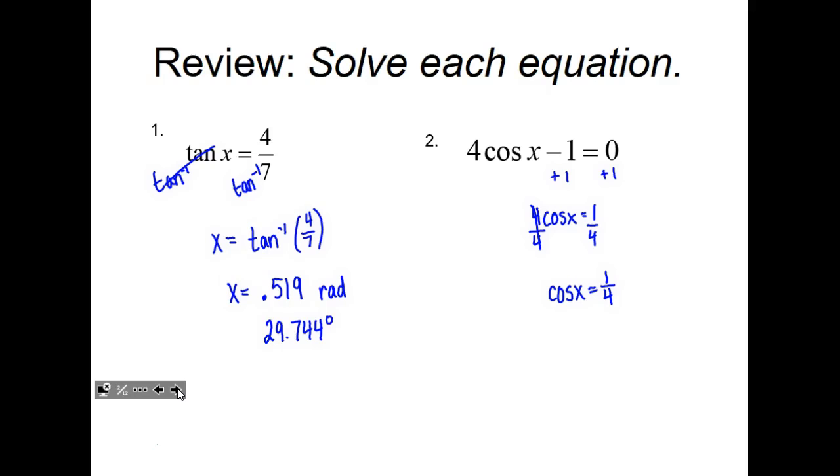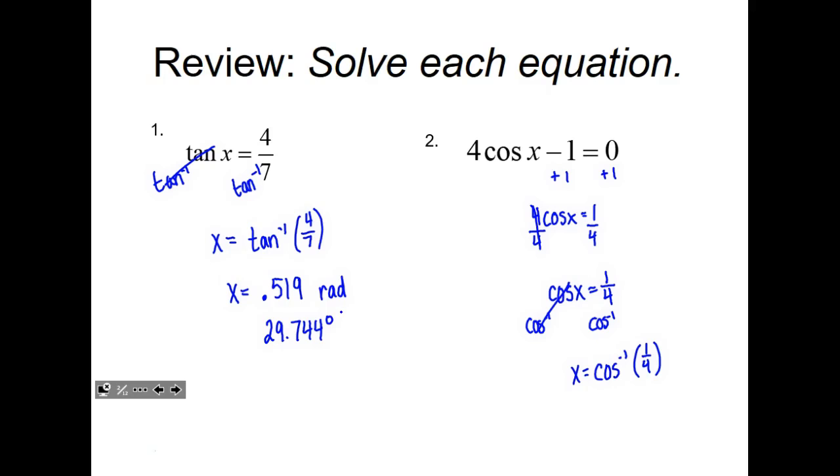How do I get rid of cosine? Inverse cosine. So I do cosine inverse of both sides. So x would equal cosine inverse of 1/4. That is saying, where does cosine equal 1/4? That's not on the unit circle either, so we have to ask our calculator by typing in cosine inverse of 1/4.